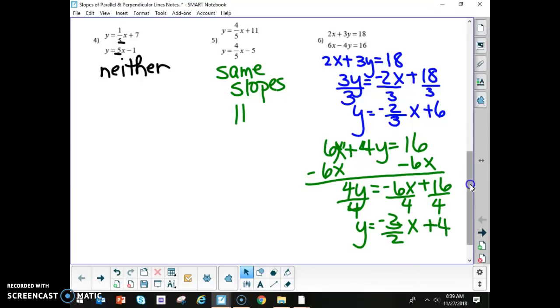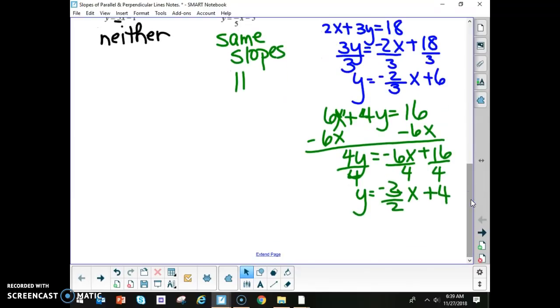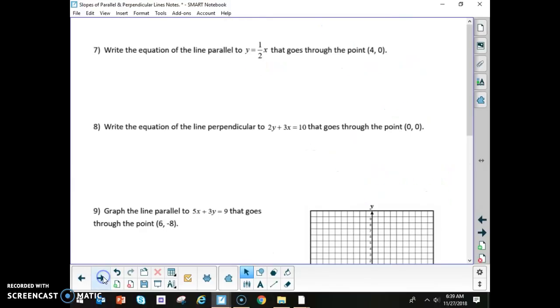And if I take a look at these, then I have the two slopes. They are not opposite. They are neither. Getting the hang of how to do this, it's really not quite so bad.